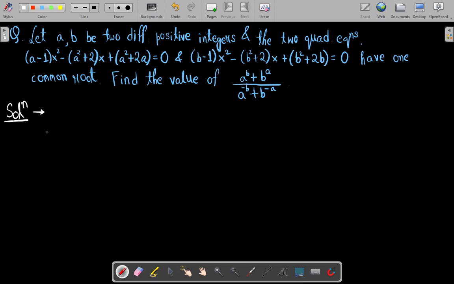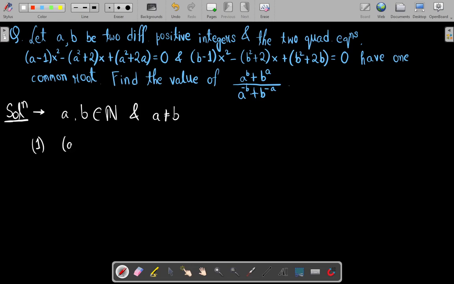So first of all, the given conditions are that a and b are positive integers, right? So that means these are natural numbers and these are different, that is a not equal to b. And we are given two quadratic equations.